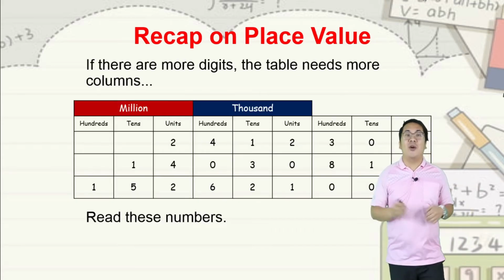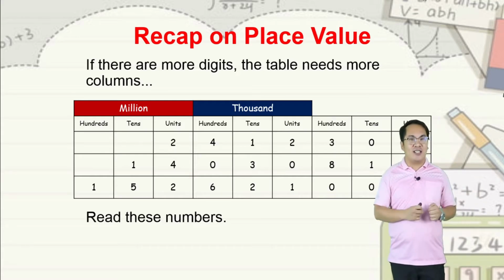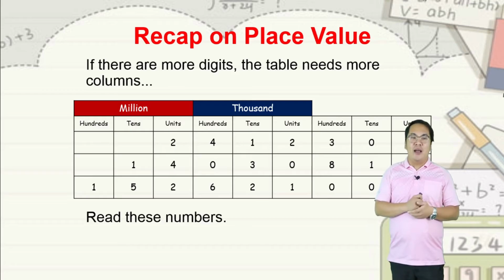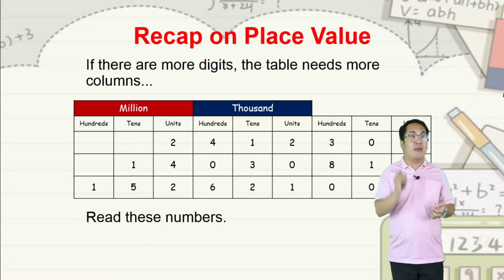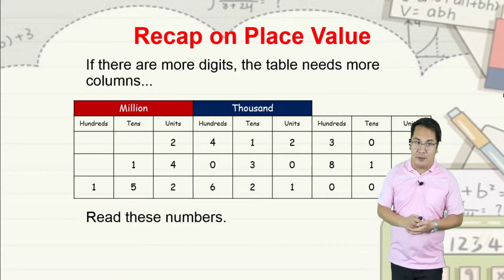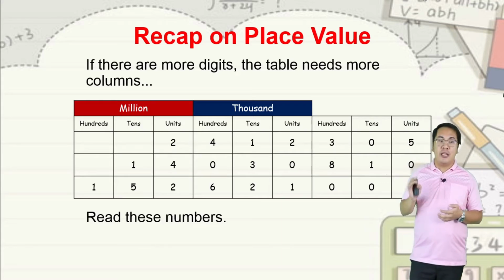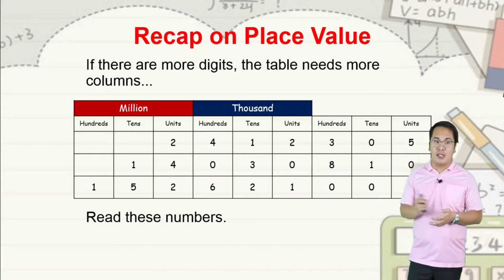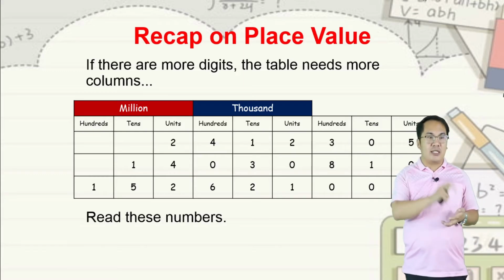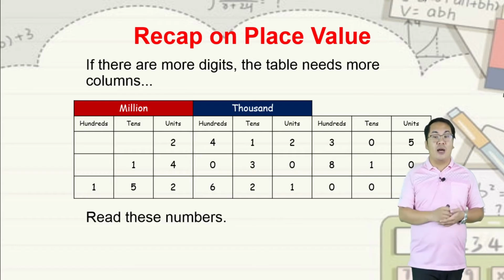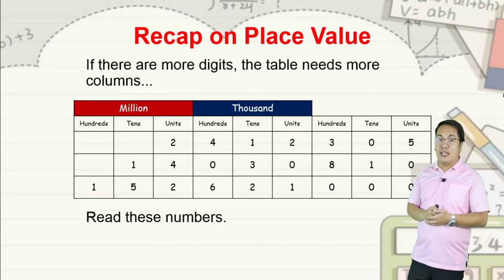How about this one? We already have the millions place. Even in the millions place, just like in thousands, we can have a hundreds, a tens, and a ones digit place. The ones digit place in the millions is called millions as well. Try to read the first row. We have 2,412,305. The second one, we have the tens place. We can read this as 14,030,810.